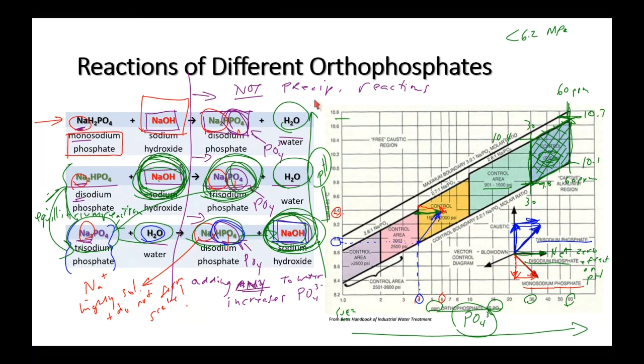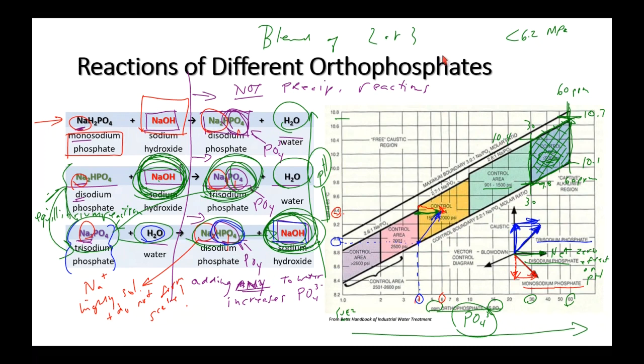Ultimately, what you're going to be adding to your boiler will be a blend of 2 or 3 different phosphates in different combinations, depending upon your plant. Basically, how much makeup water do you have? How much condensate returns do you have? What's in your condensate returns? What's in your makeup water? And all this kind of stuff.